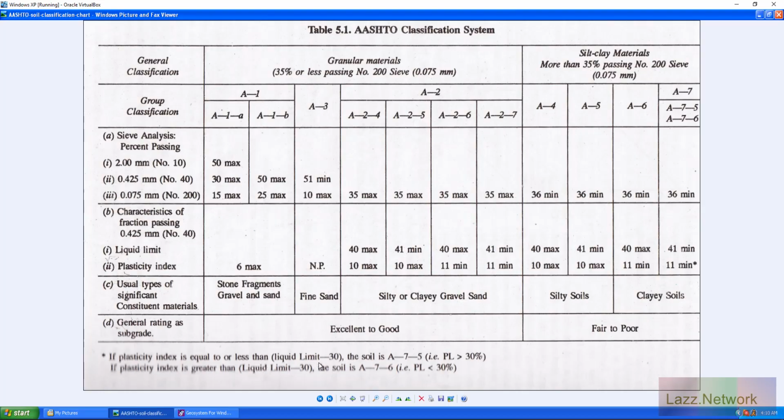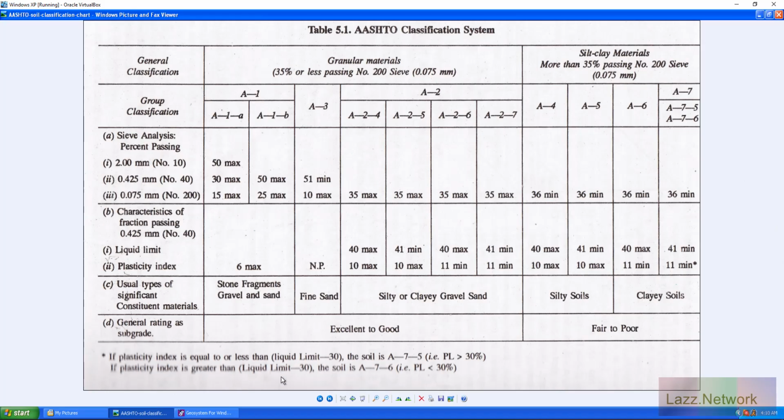Plastic index is equal to or less than your, oh yeah, equal to or less than your liquid limit. So in other words, which I'll try to demonstrate as we get into this, if we have a plastic index equal to or less than, for this example, 30, like they both have to be 30 or less, then that's what makes it an A75.